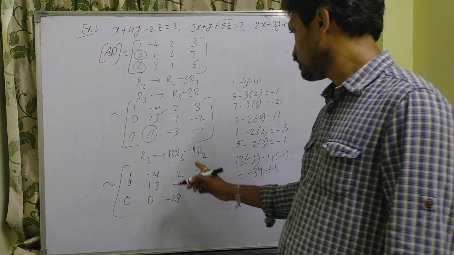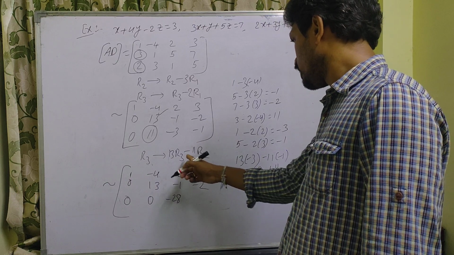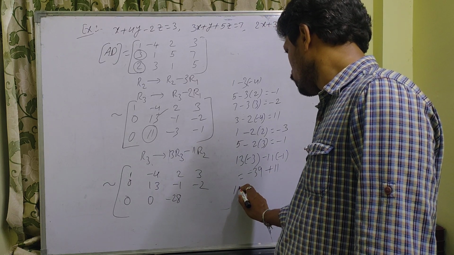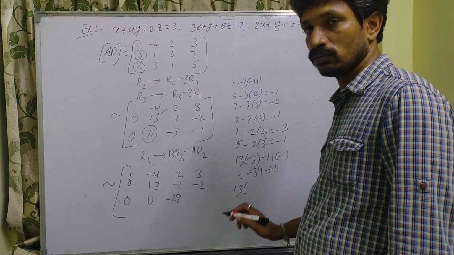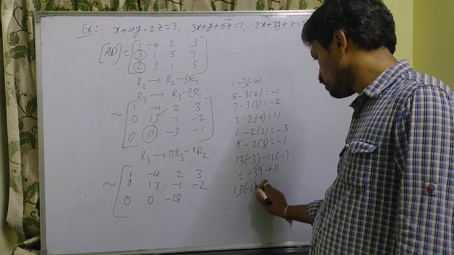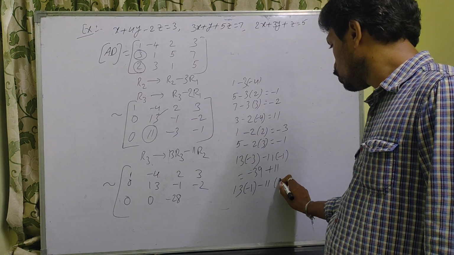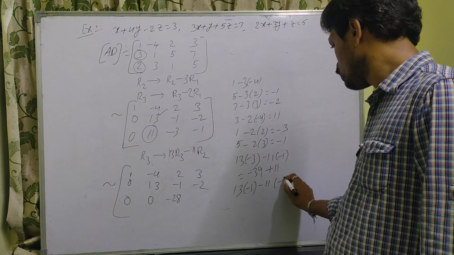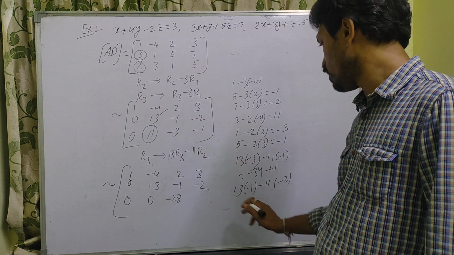Okay, next, minus 1 into 13 into minus 1, minus 11 into minus 2. So 13 into minus 1 minus 11 into minus 2.